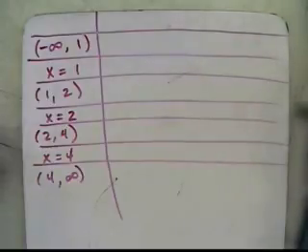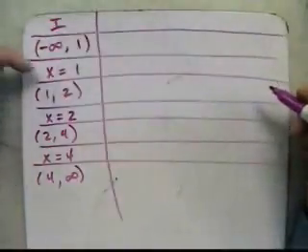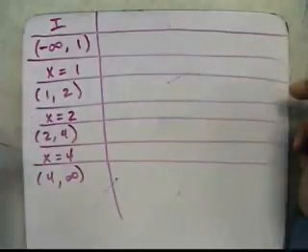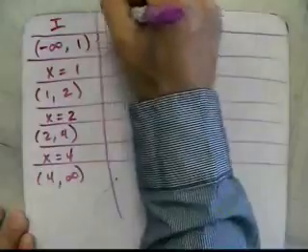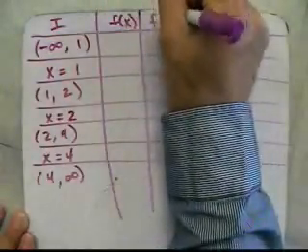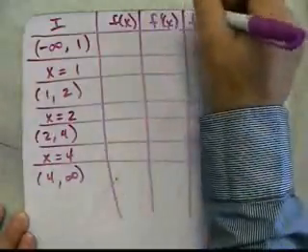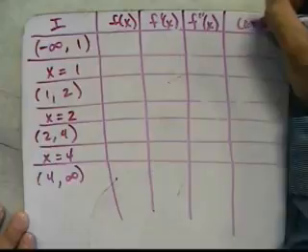And this is probably overkill for a lot of the stuff you're going to do, but I'm just showing it to you, okay? These right here are my intervals and my possible points, which you can also think of as intervals, 1 to 1. Okay, then I want to find out some f of x function, the derivative function, the second derivative function, and the conclusion.